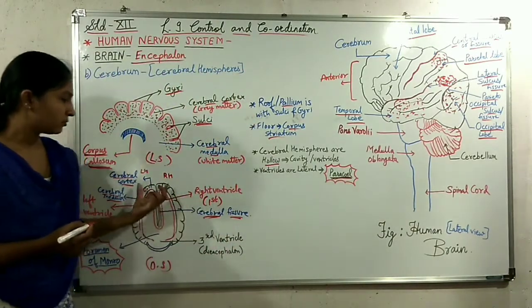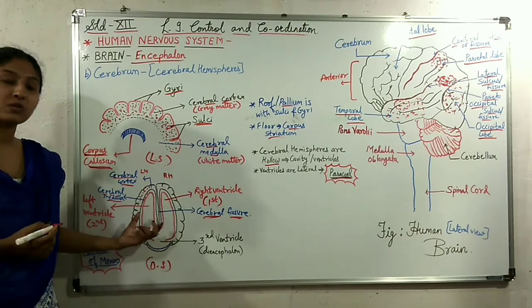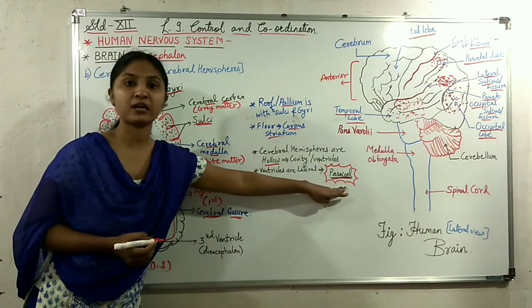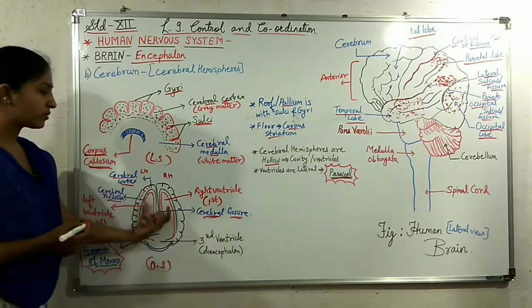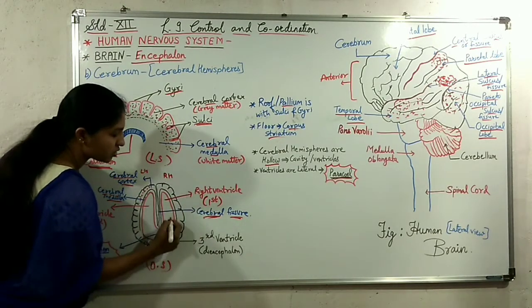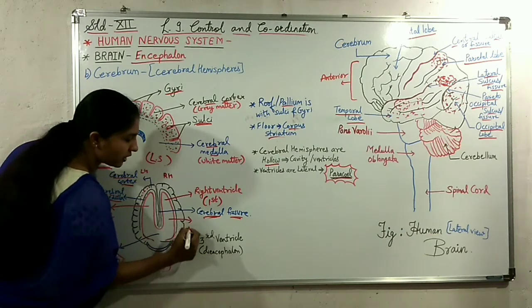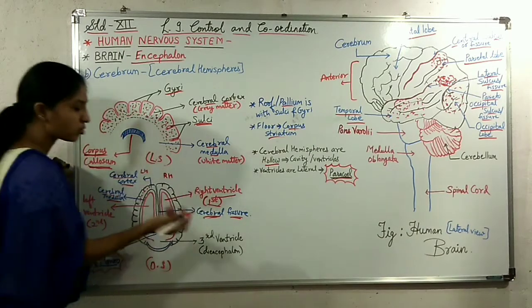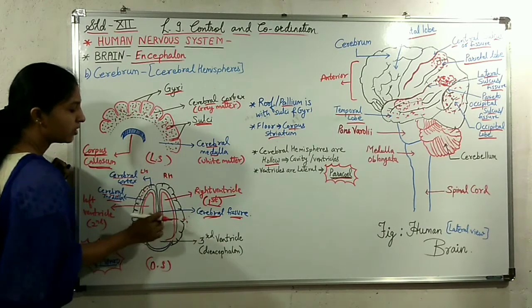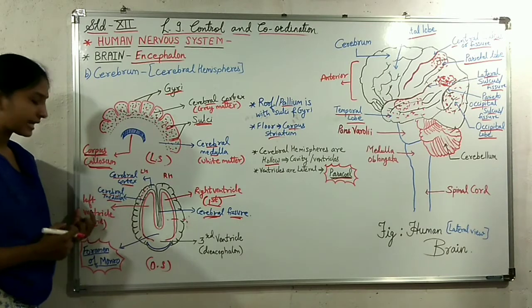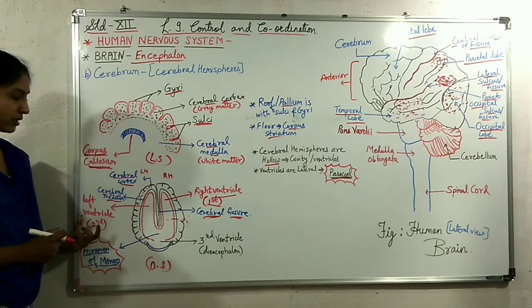So, the cavity of the cerebral hemispheres is called lateral ventricles or they are also called paracele. The ventricle which is on the right hemisphere is called the right ventricle or the first ventricle, whereas the ventricle which is on the left side is called the second ventricle or the left ventricle.